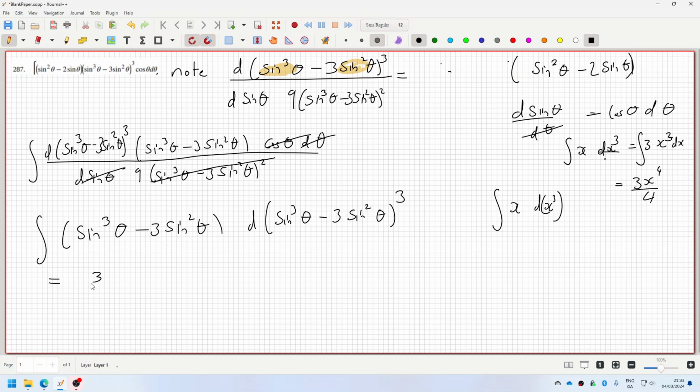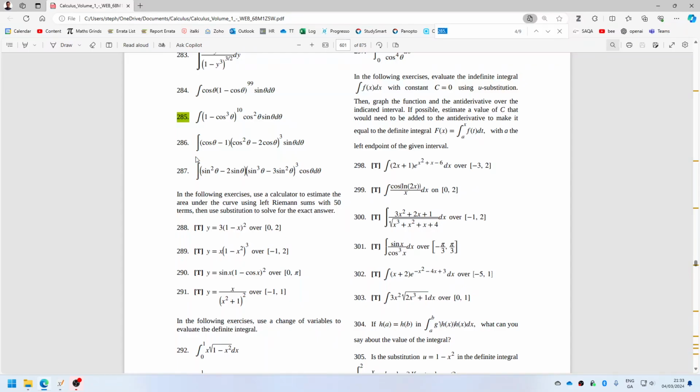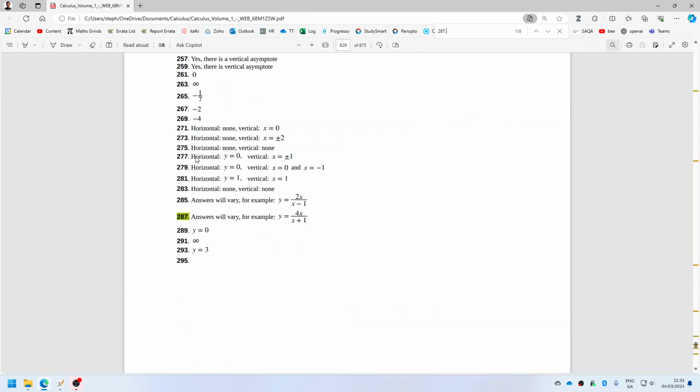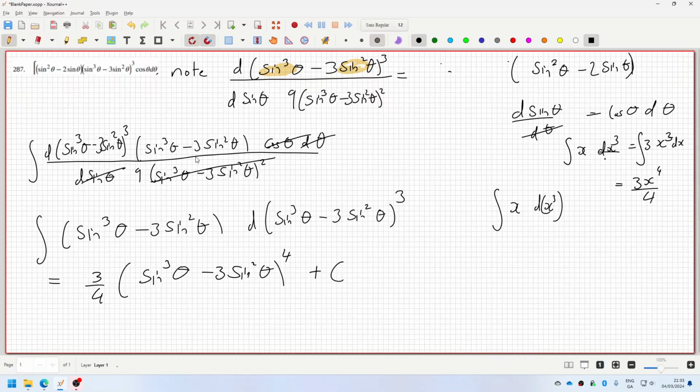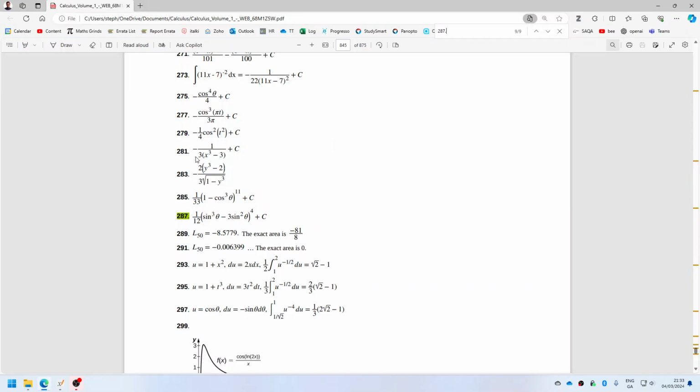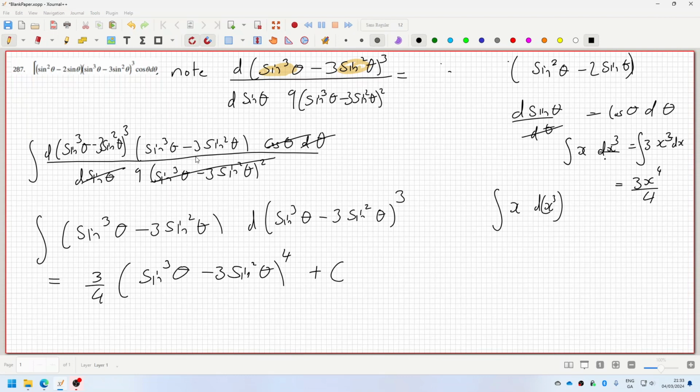So that would be 3/4 sine cubed theta minus 3 sine squared theta power 4 plus c. Oh man, I'd be so happy if this is right. Ooh, I'm close. I have lost something. Something small.